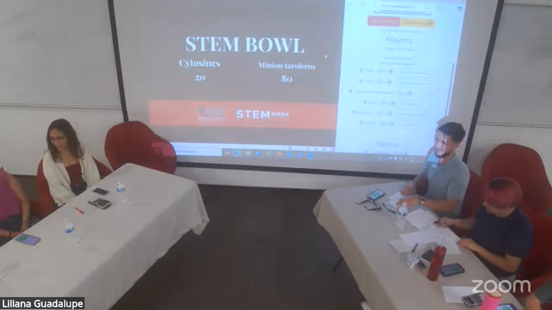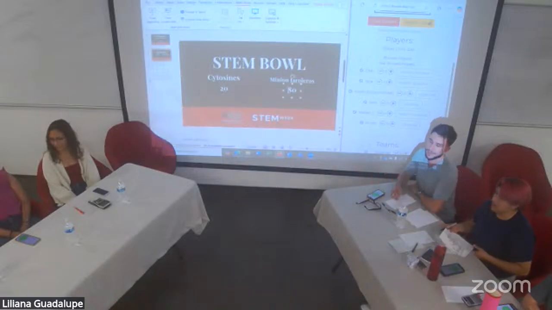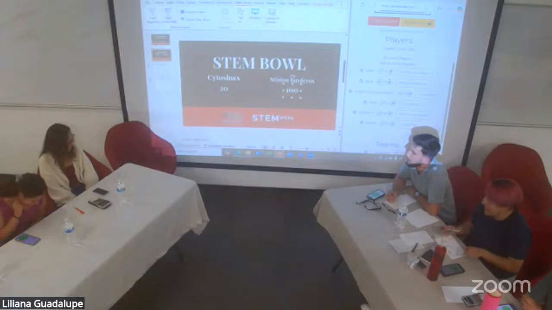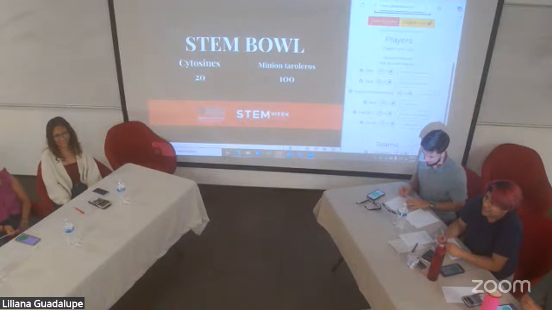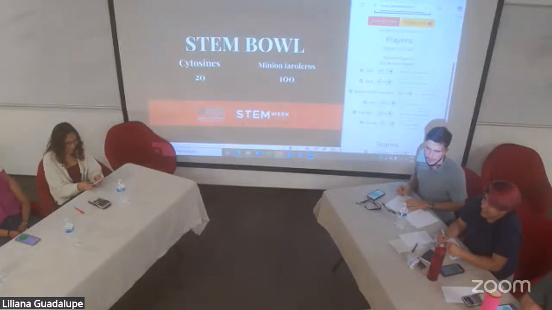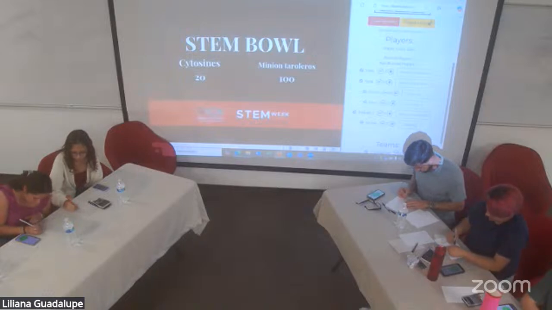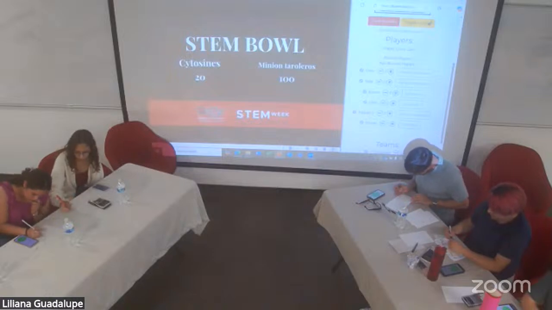So the preliminary round for STEM is going to be 10 questions, so the next one is the last. So question, math, short answer. If the median of the 5 numbers 1, 7, 14, 28, and x is 10, what is x?